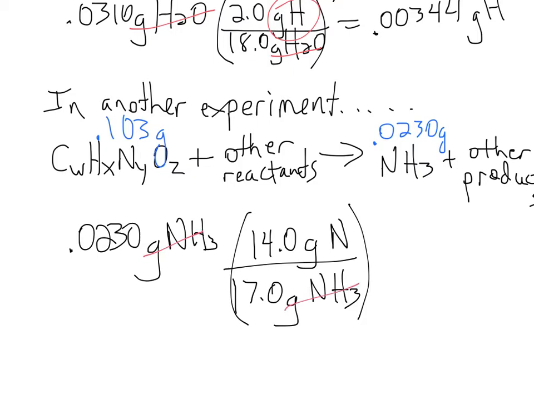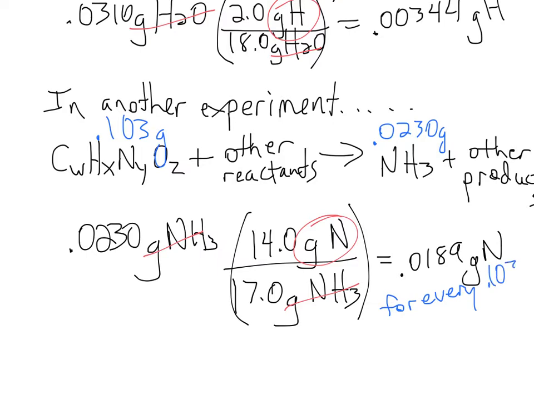If you follow the units, you'll get grams of nitrogen in the end. And if you crunch those numbers, you get 0.0189 grams of nitrogen. Now here's the important point. You get 0.0189 grams of nitrogen for every 0.103 grams of the unknown that reacted.